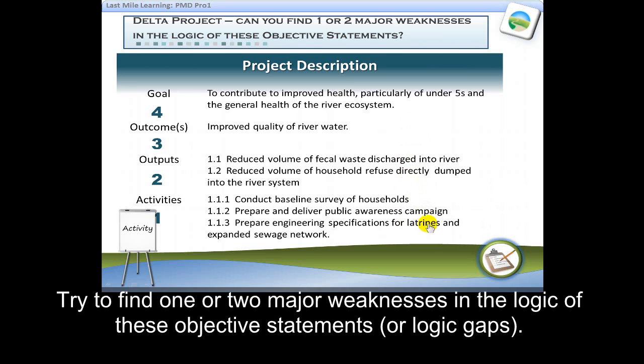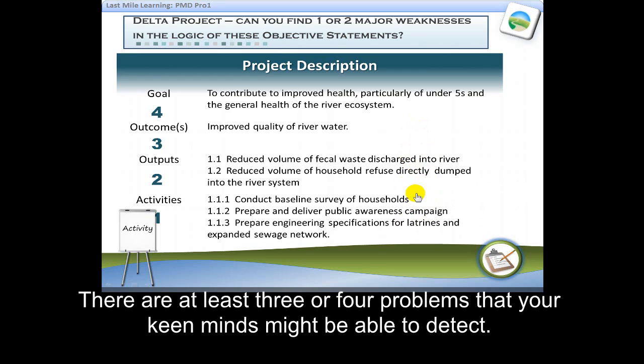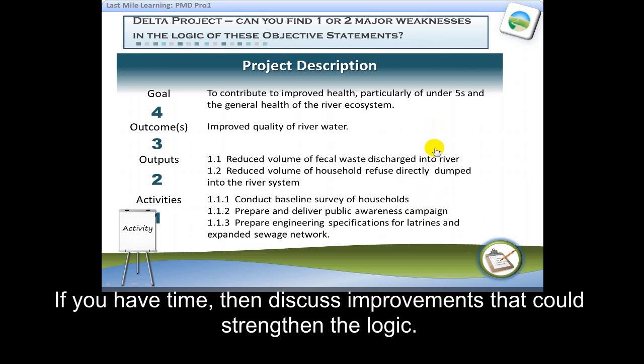Try to find 1 or 2 major weaknesses in the logic of these objective statements, or what I would call logic gaps. And I'll tell you there are at least 3 or 4 problems. If you have time, then discuss or think about improvements that could strengthen the logic.